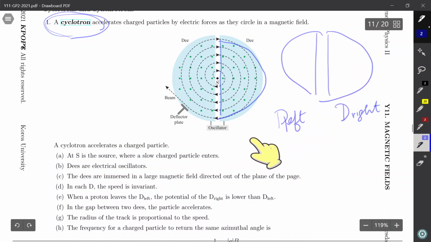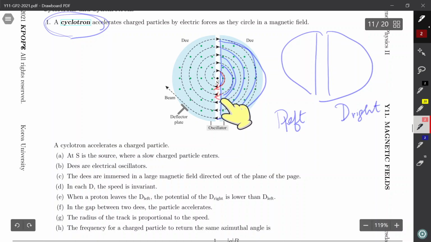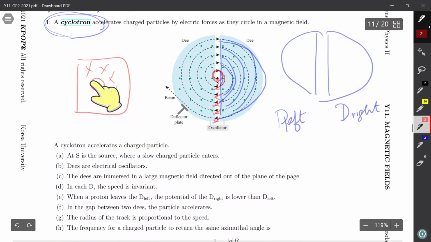In either the right or the left, the particles make a circular motion because the magnetic field is perpendicular to the motion. But you notice that the radius of this circular motion is increasing. Initially it would make a circular motion in a uniform magnetic field.